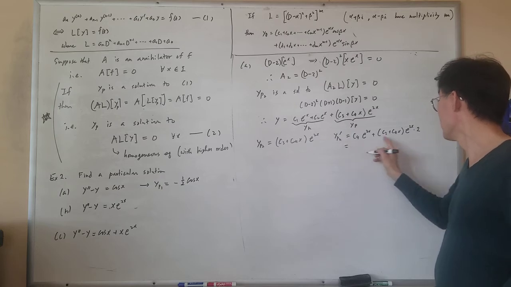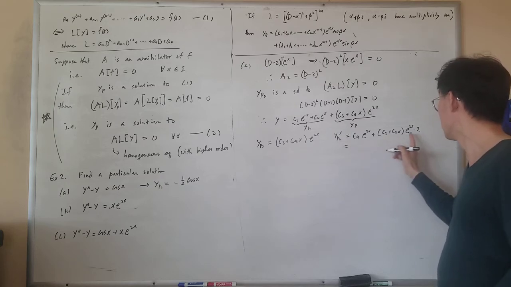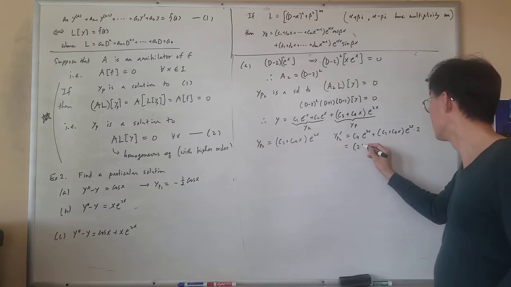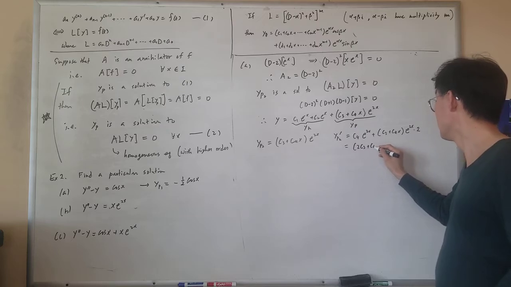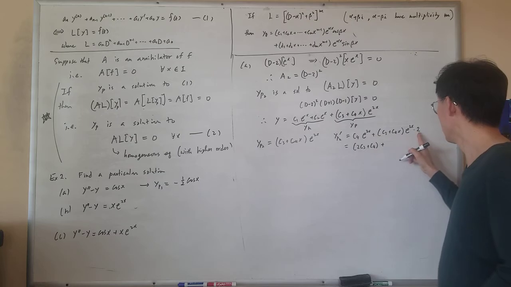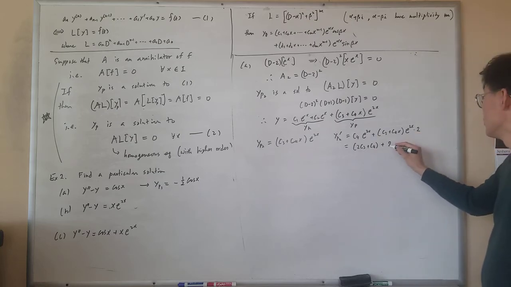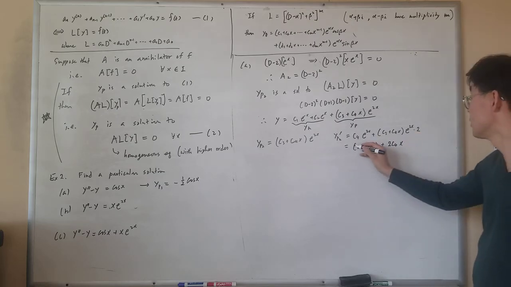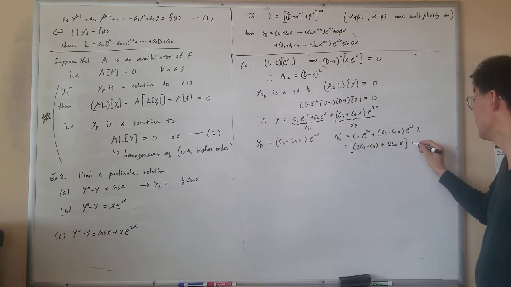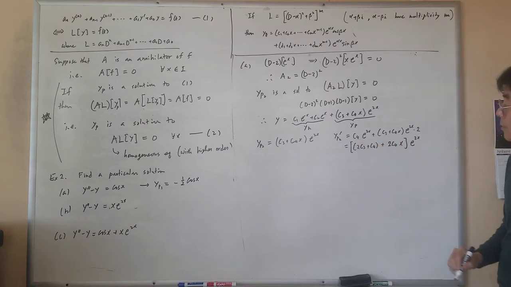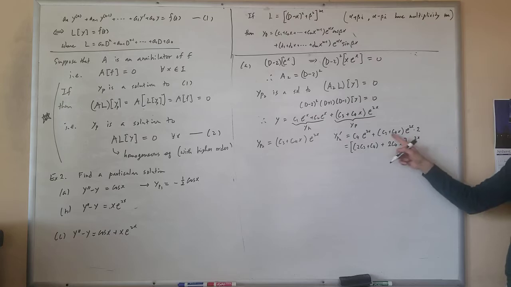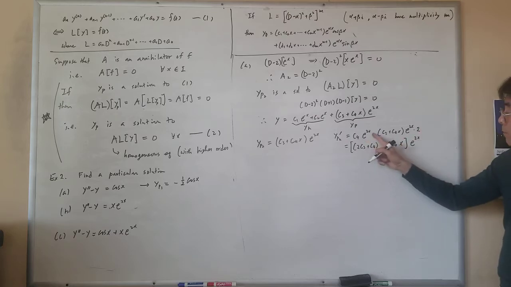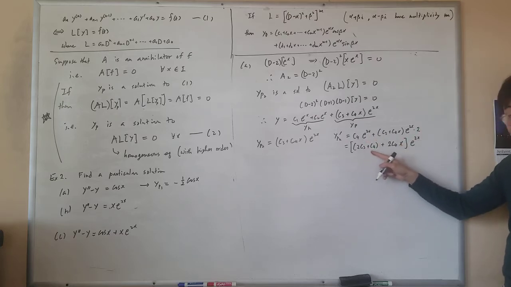So you can write it as 2c3 plus c4 times e to the 2x, plus 2c4 x e to the 2x. Okay? 2c3 e to the 2x and c4 e to the 2x combined as a constant.